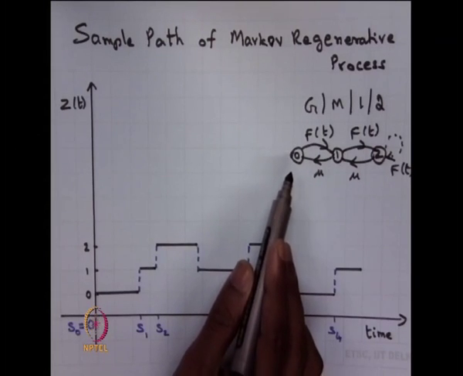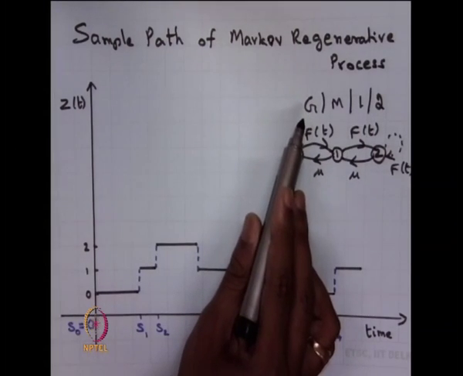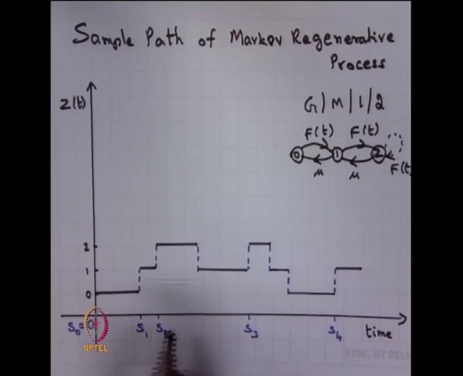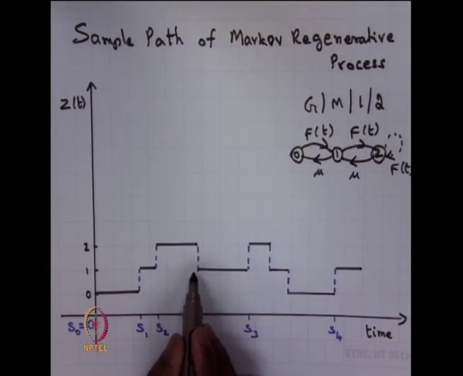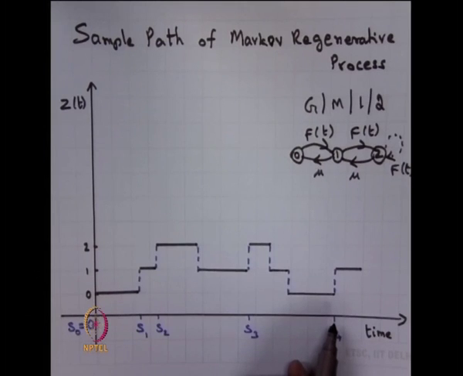But here, at the time of service completion, we should remember the elapsed or remaining inter-arrival time. Therefore, at the service completion epochs, the memoryless property won't be satisfied.